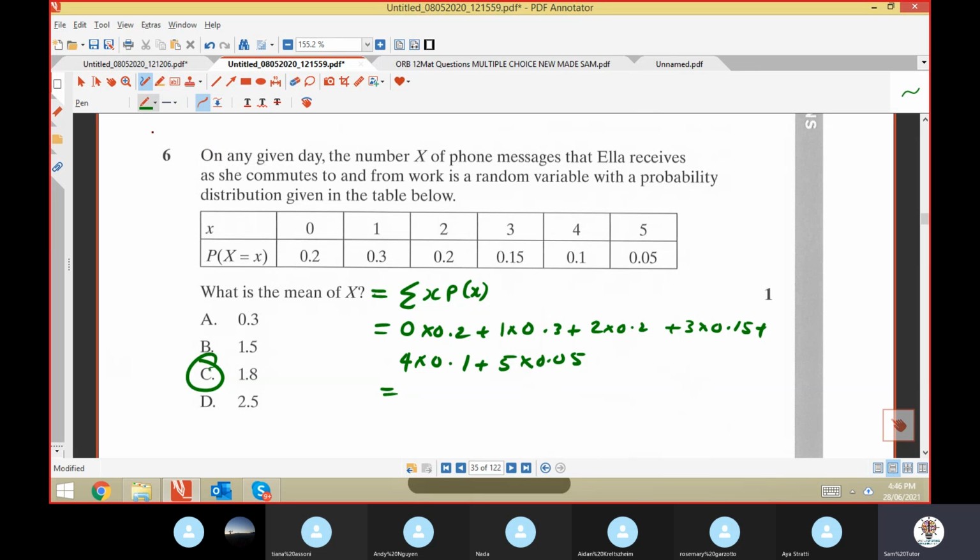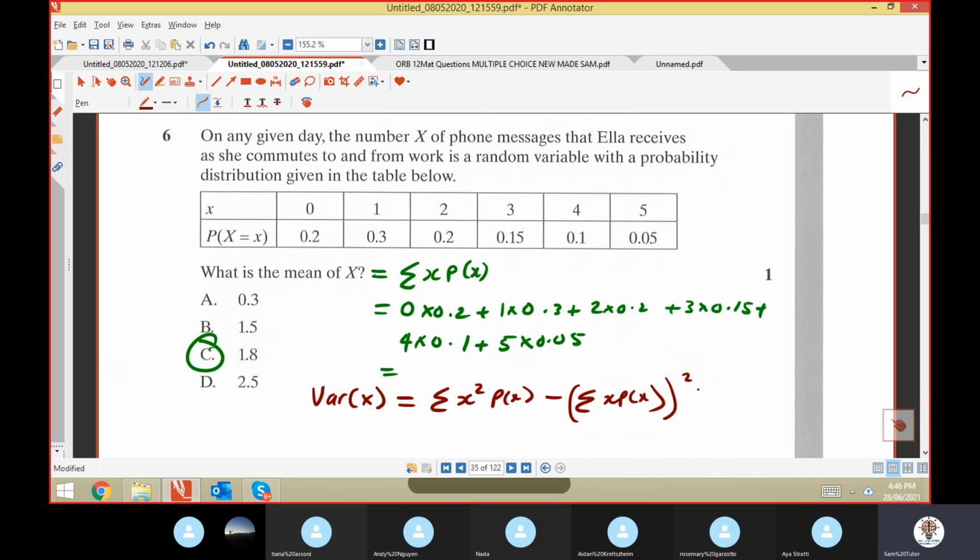Since we're here, I'm also going to do the variance. Variance was the sum of x squared times the probability, minus your mean squared.